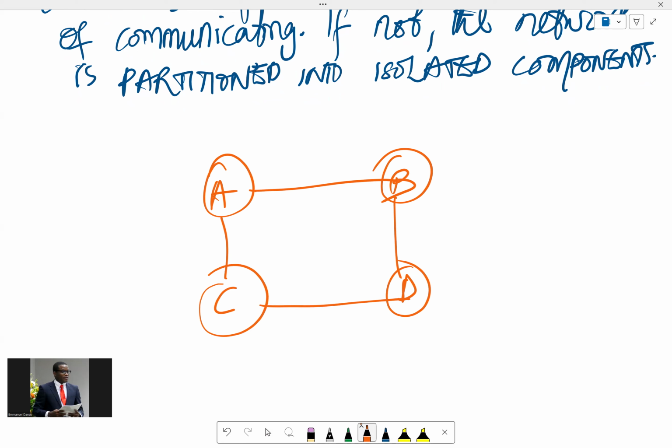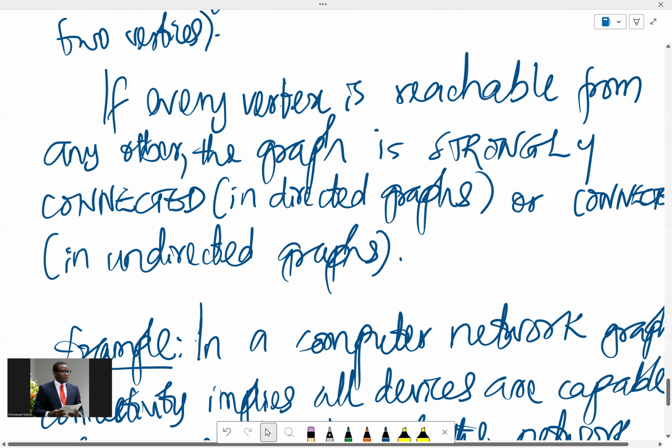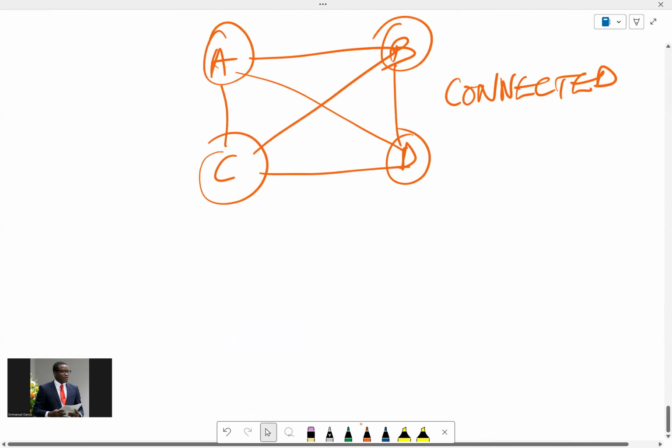When it becomes strongly connected, maybe something like this, it means you can reach A from B, C, D, you can reach B from A, C, D, and you can reach C from A, B, D. Now you can say this is connected because it's undirected, so we say it's a connected graph.